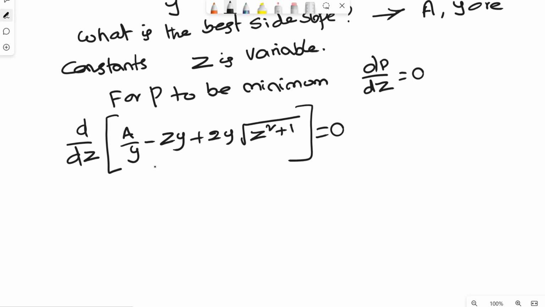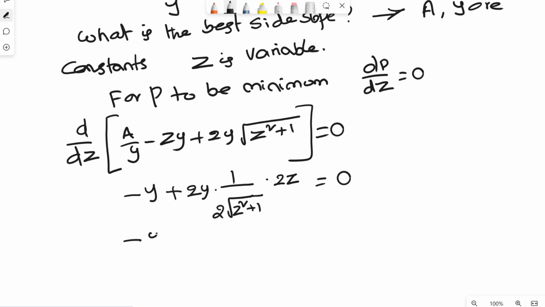If I do it, what is this actually? In the first term, naturally, this becomes 0 because A is constant, y is constant. The second one gives minus y, and then plus 2y into 1 by 2 into square root of z square plus 1 into, for z square, 2z, this is equal to 0. Now you see minus y, so the 2 will cancel, so what will there be in the top? Plus zy divided by, this will be 2zy by square root of z square plus 1, is equal to 0.